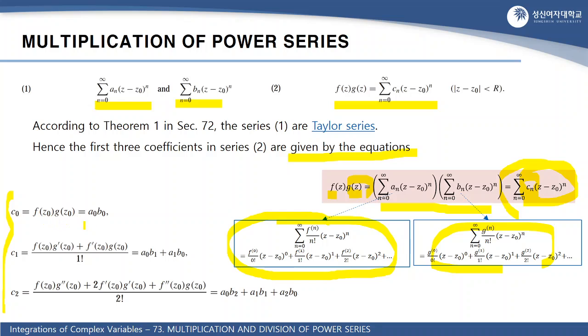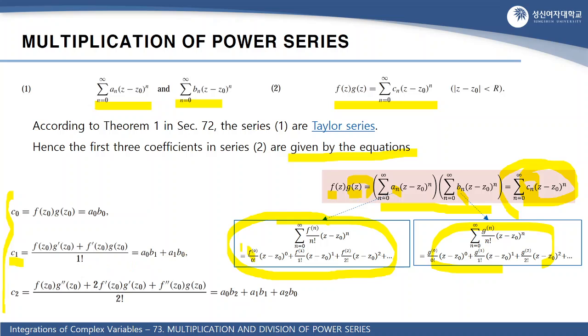Because f(z_0) here is a_0, and g(z_0) is b_0, c_0 is equal to a_0 times b_0. c_1 is computed by this formula.